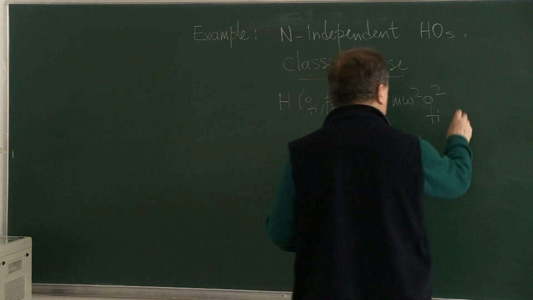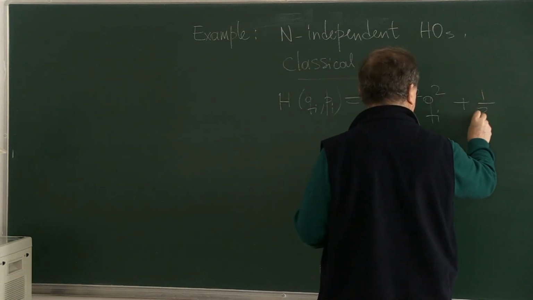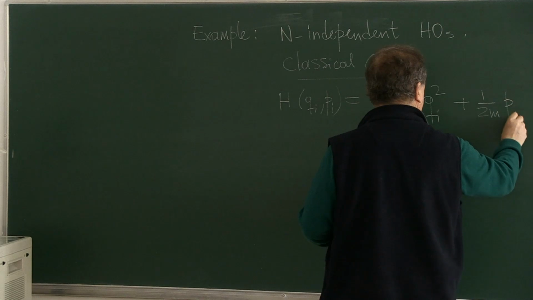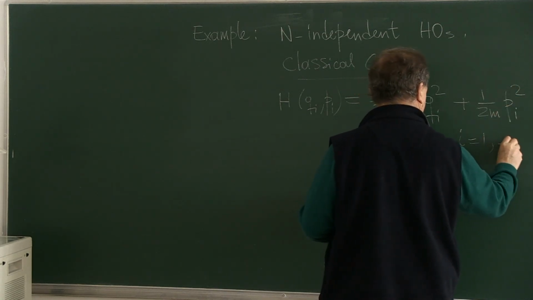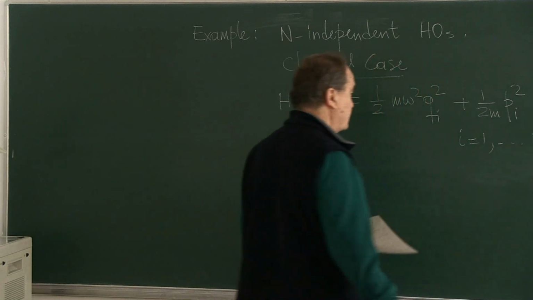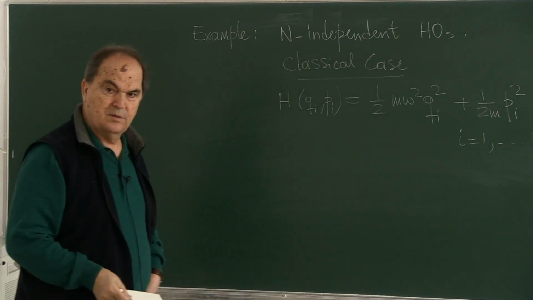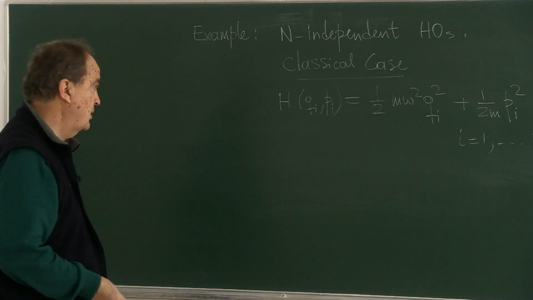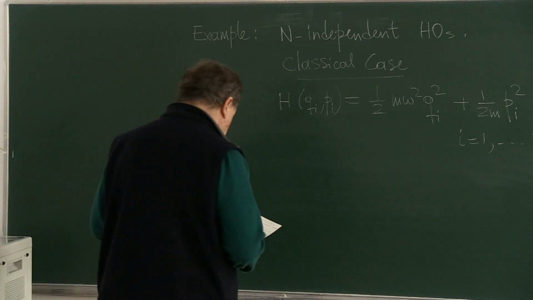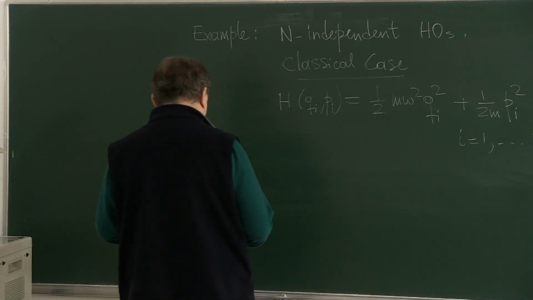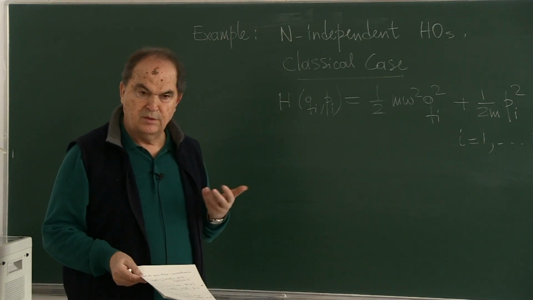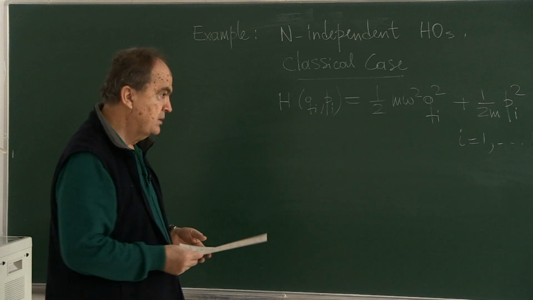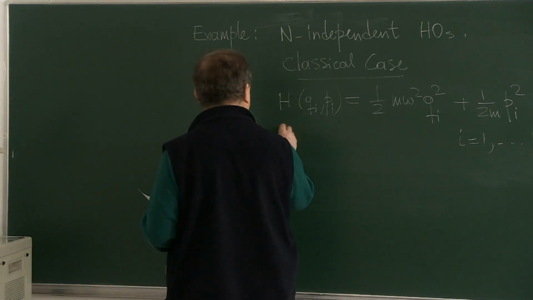The other one is the kinetic energy, and we have N oscillators. So i goes from 1 to N. Now let's calculate, by using this Hamiltonian, the single oscillator partition function.